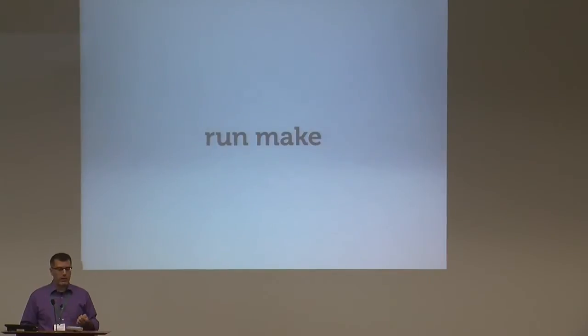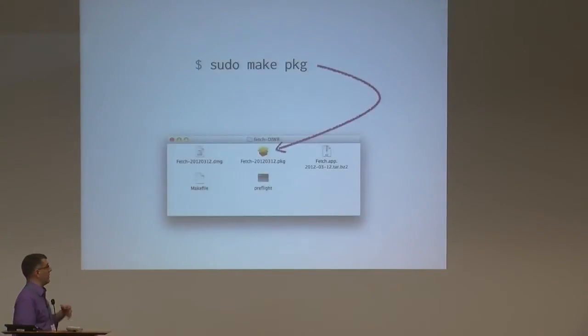So this is where the 1977 technology comes in, make. With app-to-luggage, the script runs make for us. Later on, we'll see that we're going to have to run it manually. The result is that it will end up with fetch here in a folder. But if we wanted to run this ourselves, we would run sudo make pkg.